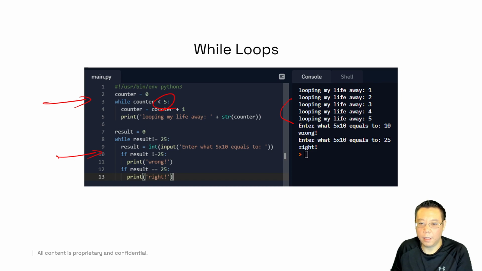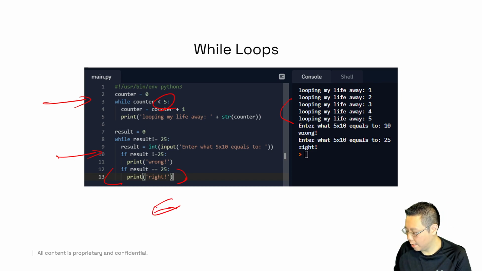So basically, keep on asking the question until you get it right, which is what? Potentially an infinite loop if you didn't have an escape condition, right? So if you don't have an escape condition, which is this, you might be in for an infinite loop. Be careful with while loops. Make sure you always include an exit condition.